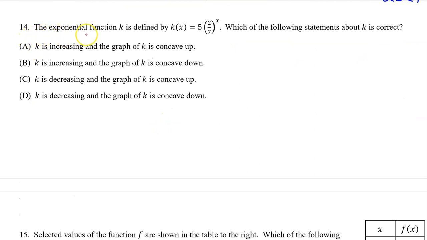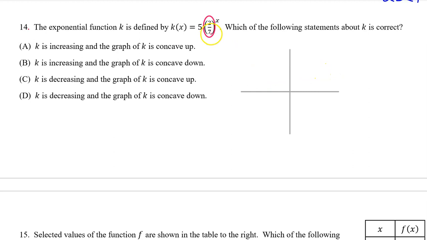Number 14, the exponential function k is defined by k of x equals 5 times 2 over 7 to the x power. Which of the following statements about k is correct? Let's draw a little sketch. Because the a value is positive, I will definitely draw the curve above the x-axis.